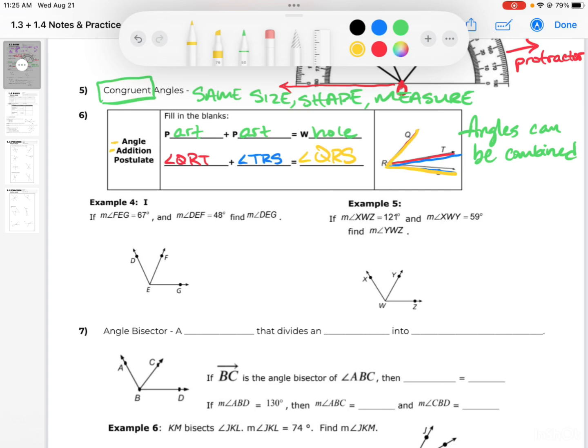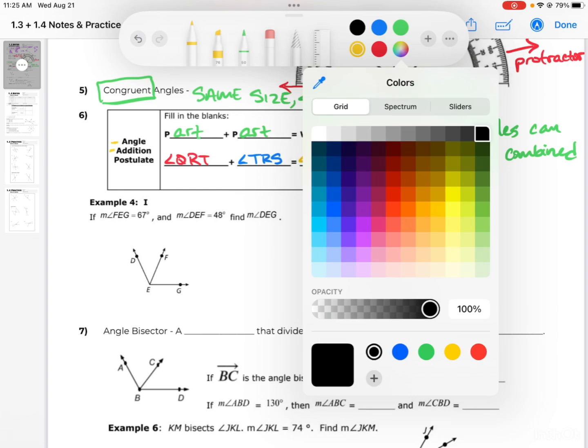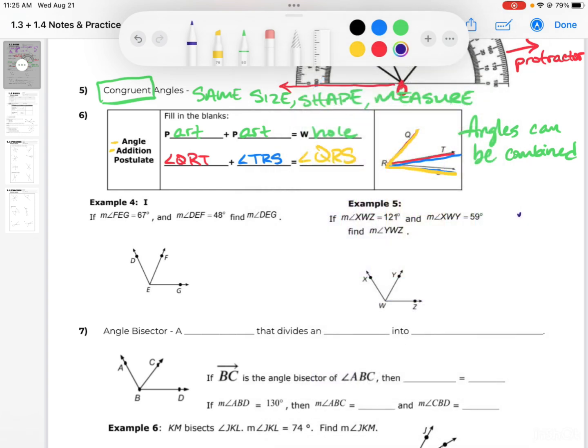If you look down at examples 4 and 5, we have a couple of practices. The first one says if the measure of angle FEG is 67 degrees and DEF is 48 degrees, find DEG.